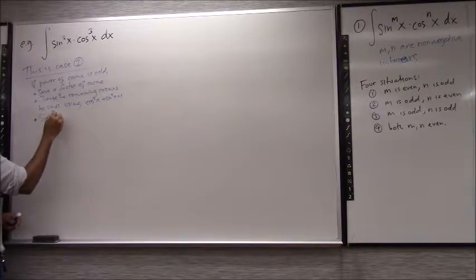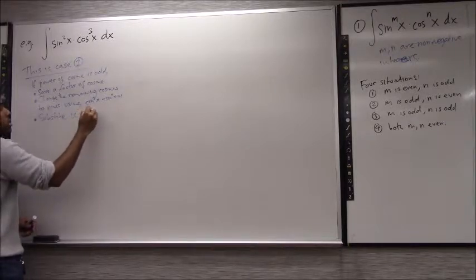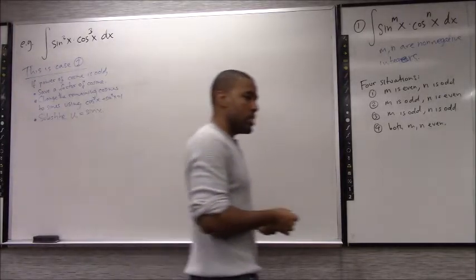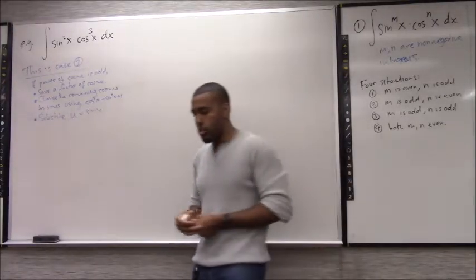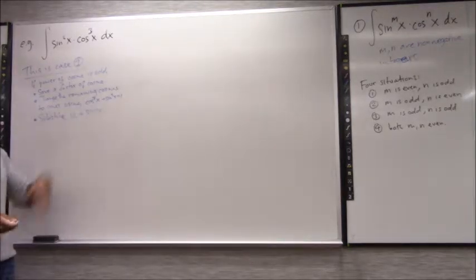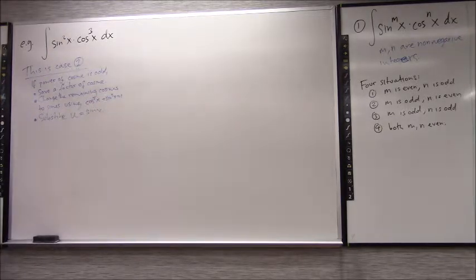Then you do a substitution. Substitute u equals sine. Right? So that would be the standard approach for something like this. So you have an integral where you have an even power of sine multiplied by an odd power of cosine. The thing is, you take the odd power and you factor off one of the guys, and then you do this procedure. So here's how it would look.